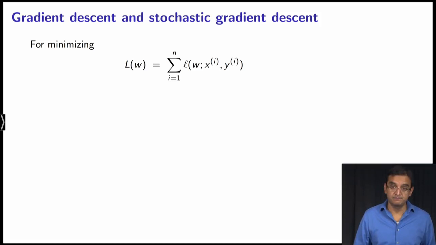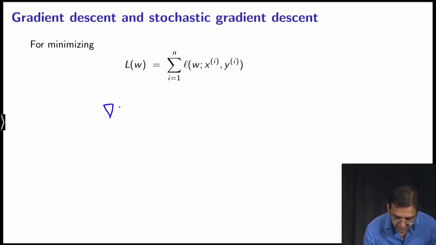This is standard. So our loss function looks like this, and we want to find the parameter vector w that minimizes this loss. Now, if we're going to use gradient descent to do this, we have to compute the derivative of L. L is a summation, so the derivative of L is the sum of the derivatives.